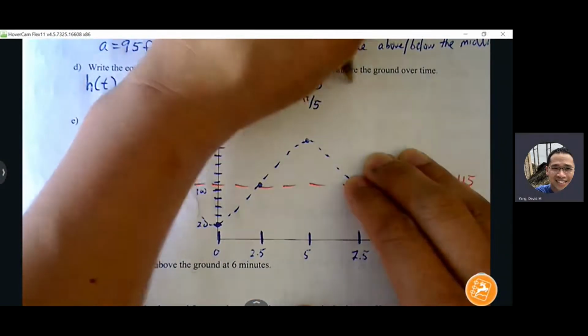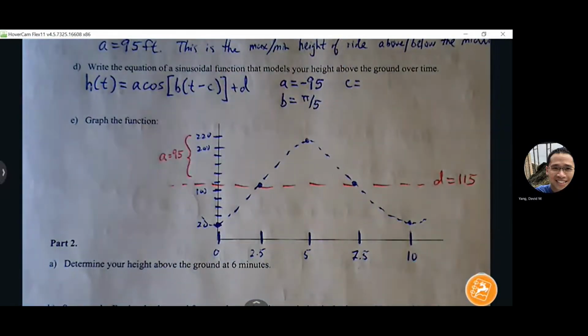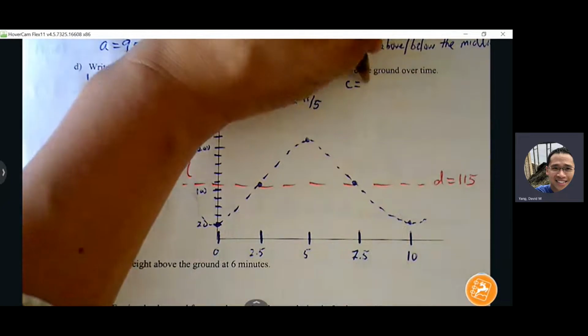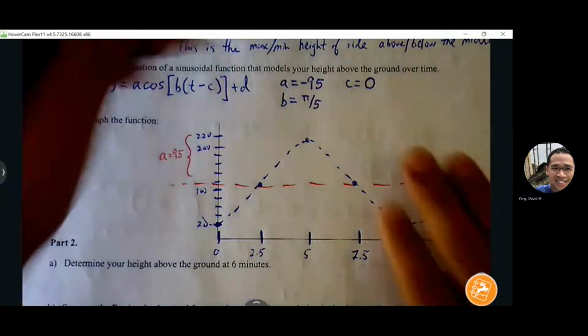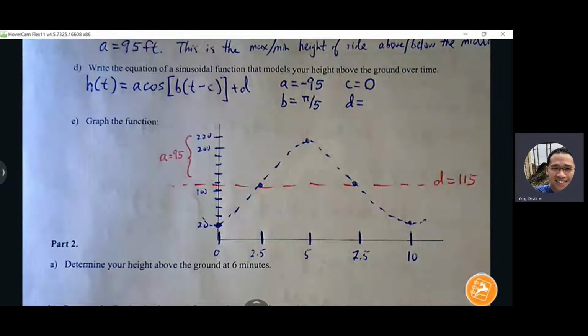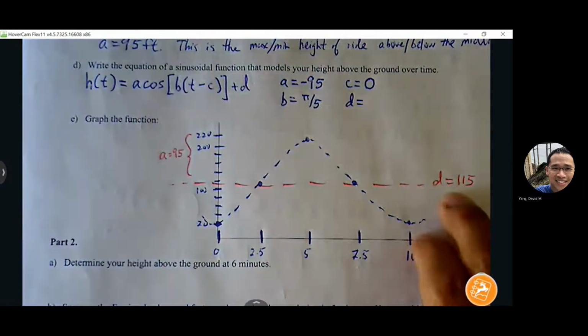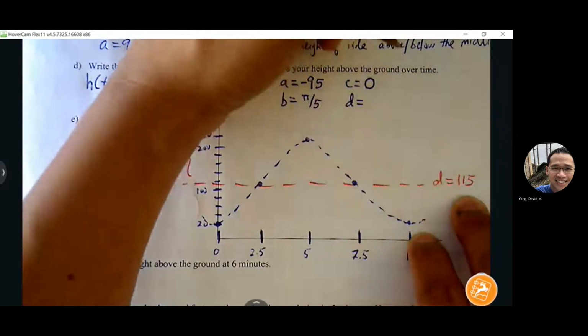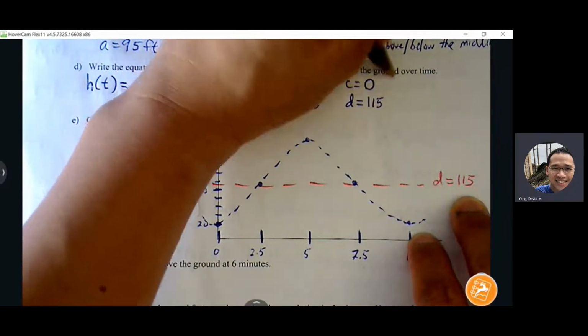Okay. What's our C value? No shift, right? Because we're purposely choosing cosine so that it's easier. It's starting at the lowest point, the minimum, right at 0. So there's no shift. And then our D value is 115, right? Okay, so we have everything we need to build our equation.